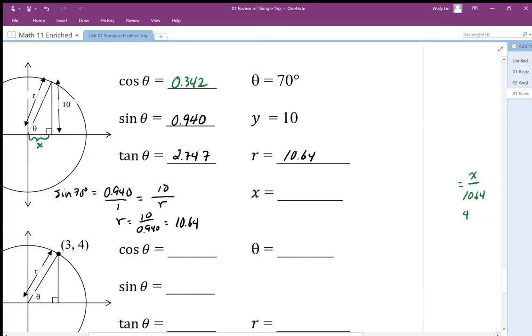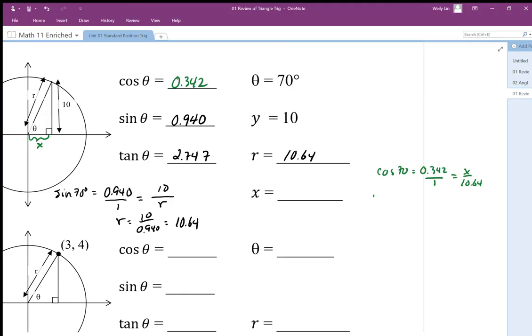So here I'm going to set it up as cos theta, or cosine of 70 degrees, is equal to 0.342. And again, it's implied that it's compared to 1. And that's going to be equal to the adjacent side compared to the hypotenuse, or the radius, the x compared to the radius. So we're trying to convert those values.